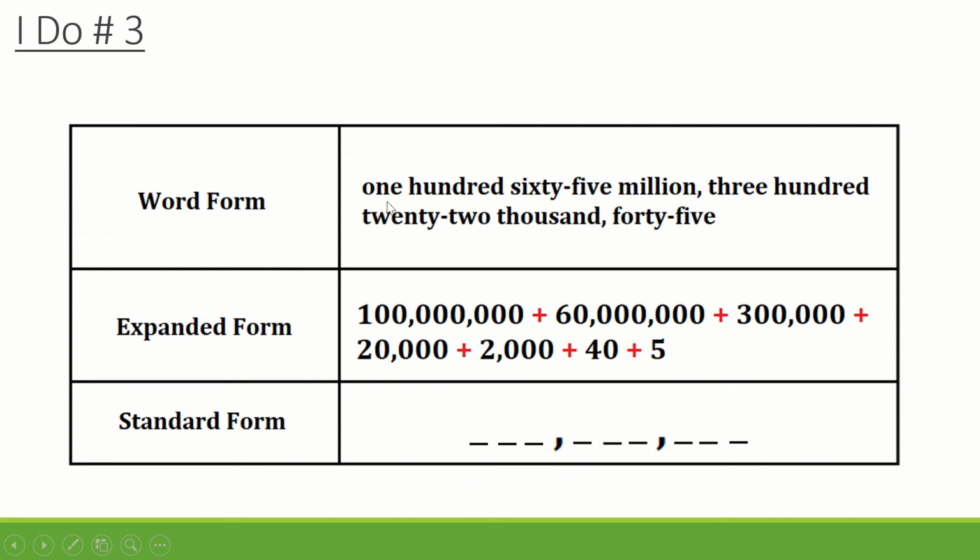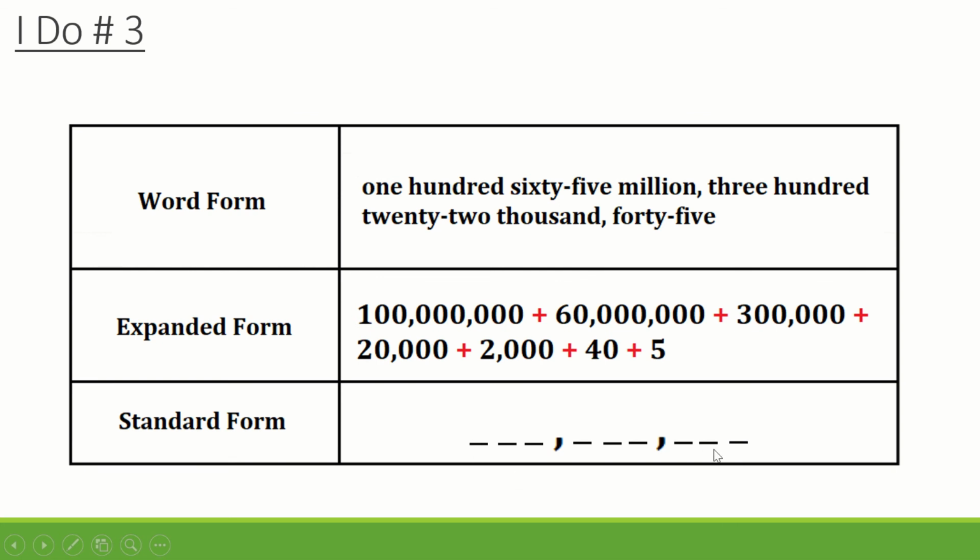And so I want to start out with my largest digit of value, which is a 1. And as I read through this word form, I can note that that 1 is in the millions period. And that first little bit reads as 165 million. So that's 100 million. So I need to identify where my 100 millions place is.